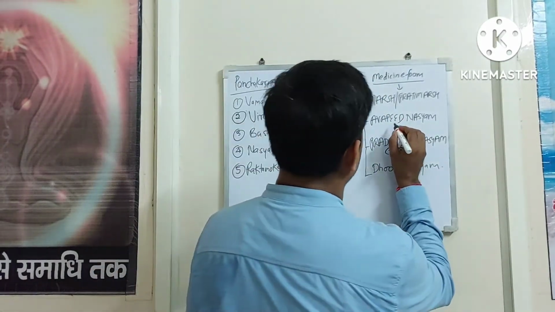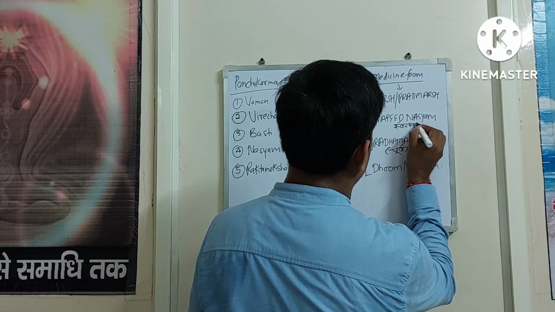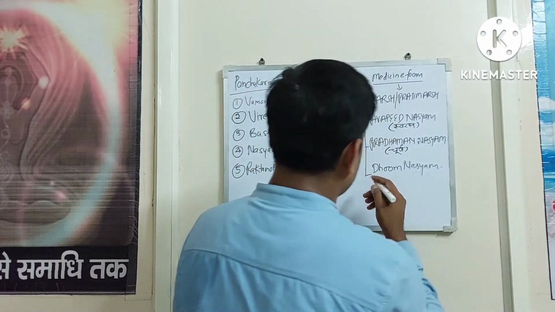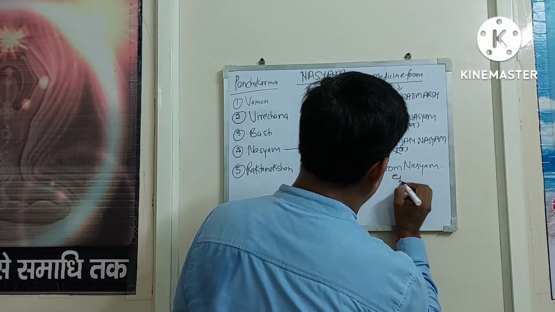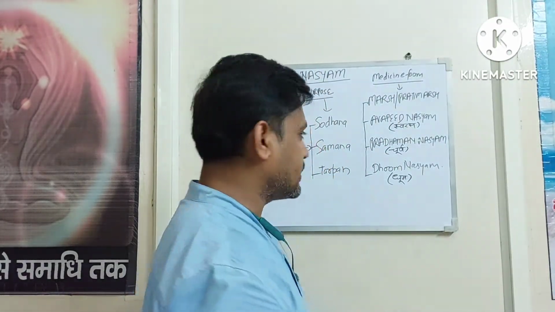This one is the Sneha variety, and this is Dhum, smoke, or this is the third variety. So the second variety is Churna Nasyam.